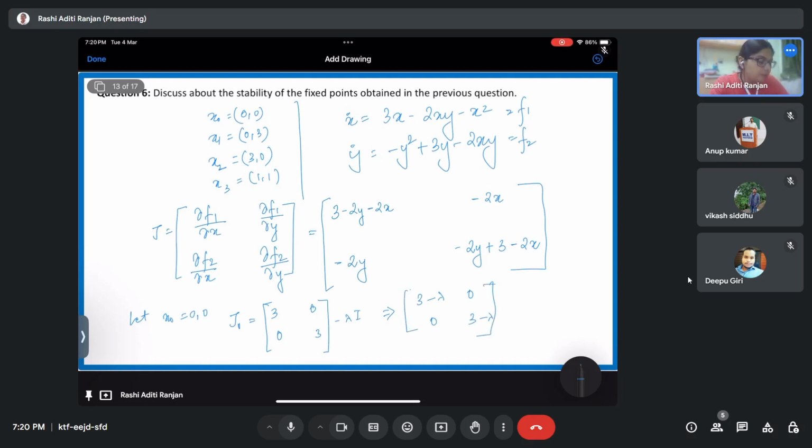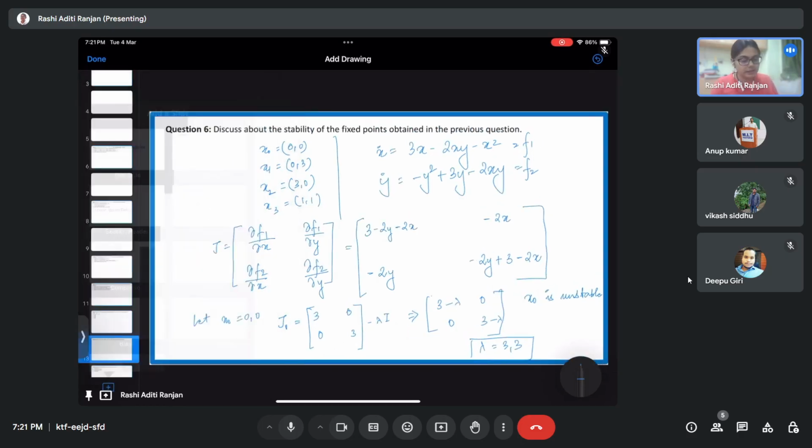Now when I find the determinant and make it equal to 0, I'm going to have my eigenvalues as 3, 3. Two eigenvalues, both positive, which means my fixed point (0, 0) is actually unstable. So I'll write x naught is unstable.